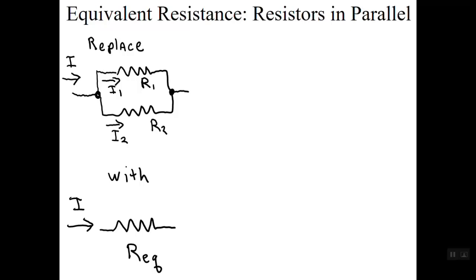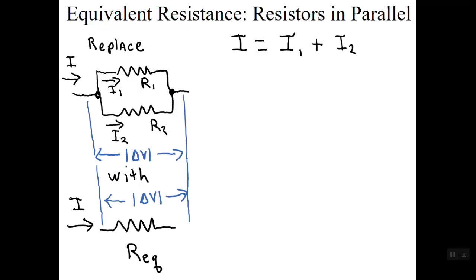Now, as we just said, the node rule applies here, which means the total current I through the equivalent resistor is just the sum of the split currents I1 and I2. Now notice for resistors in parallel, both resistors have the same magnitude of potential difference across the original resistors R1 and R2, as well as the same magnitude of potential difference across the equivalent resistor REQ.